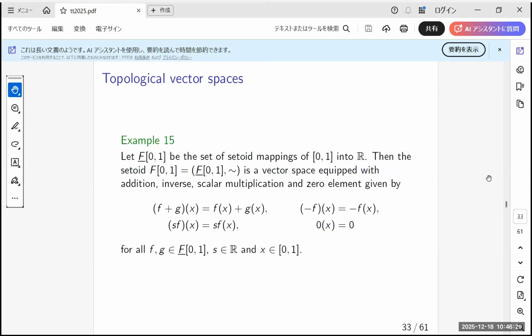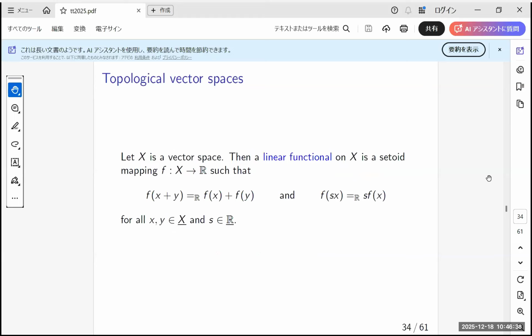For example, a function space on the unit interval is a vector space. And also, a linear functional is a linear mapping from X to the reals.